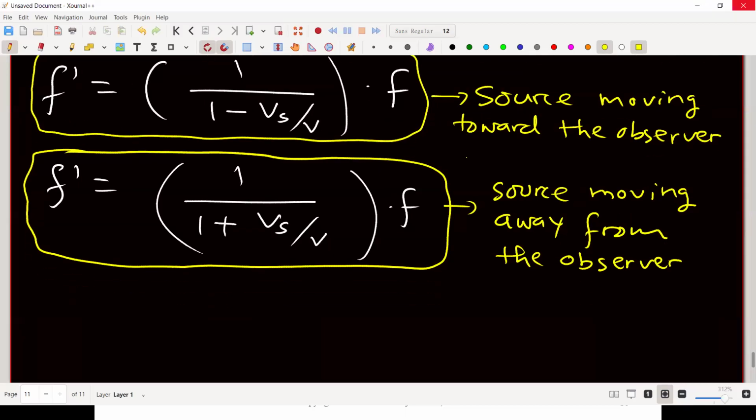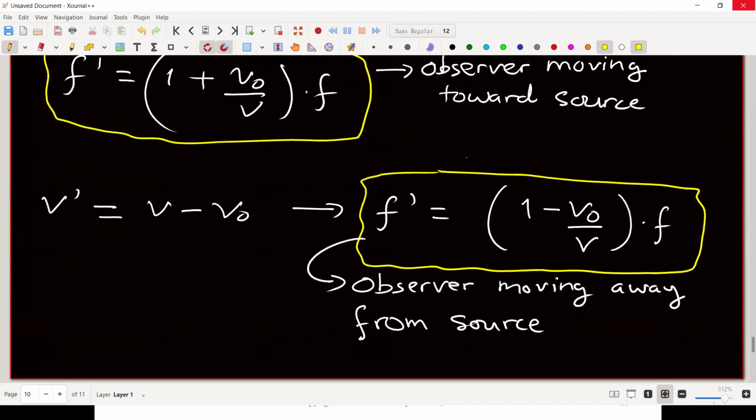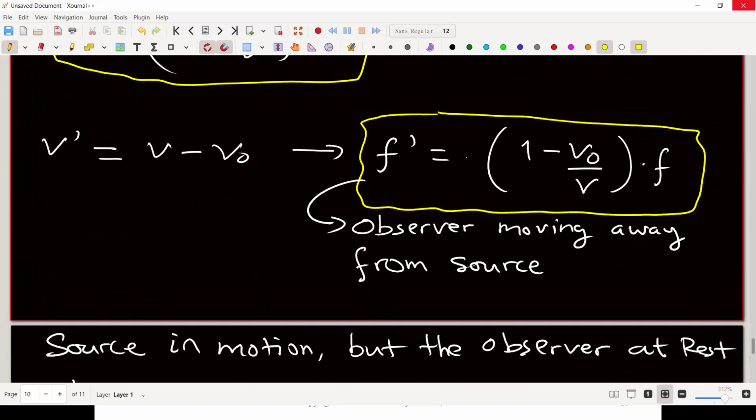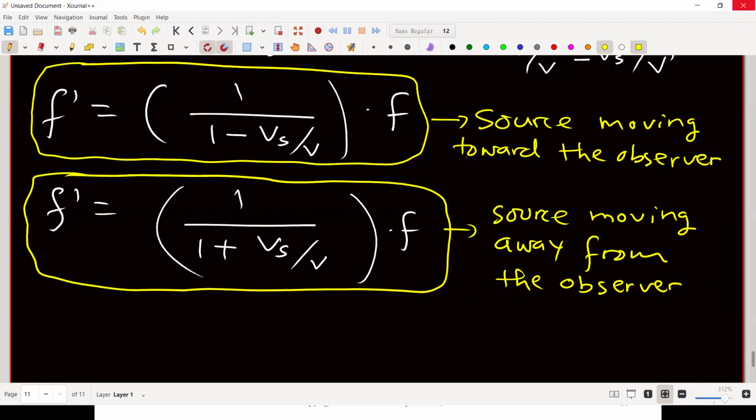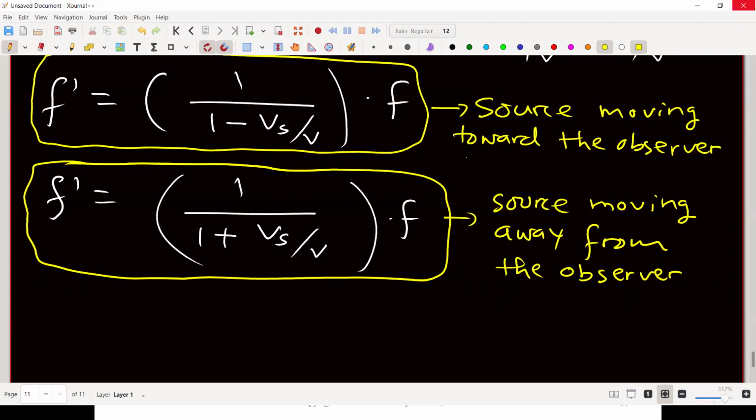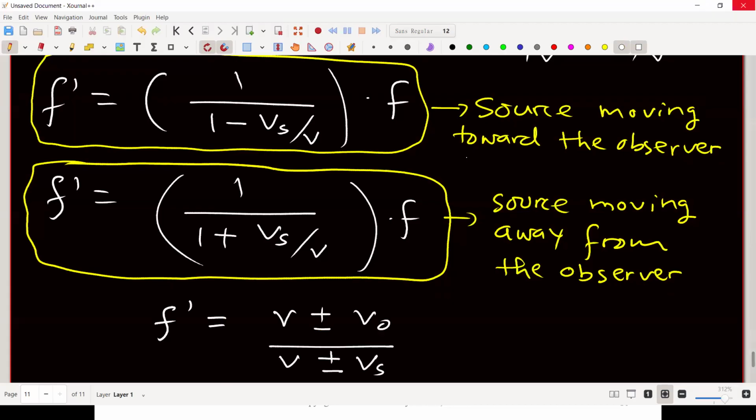Okay, then we can take the general formula from here. For the general formula for the Doppler effect, we can write f prime is equal to v plus or minus v observer, divided by v plus or minus v source, times the original frequency of the source.